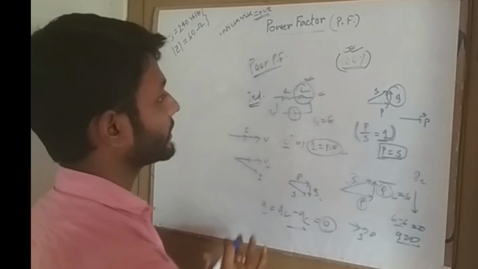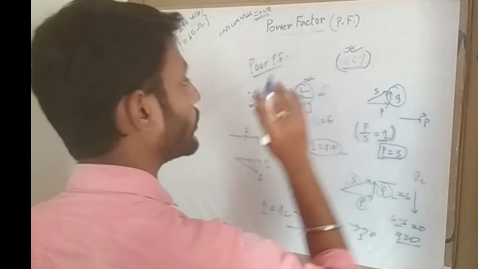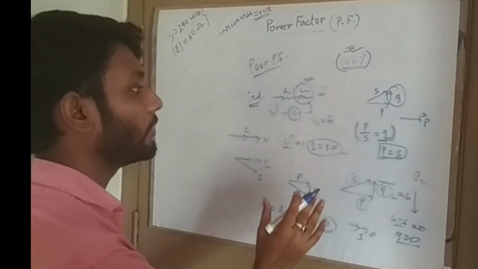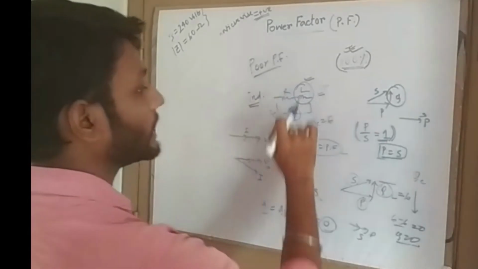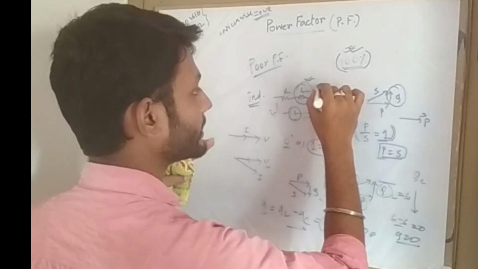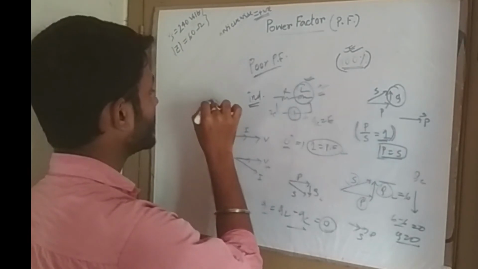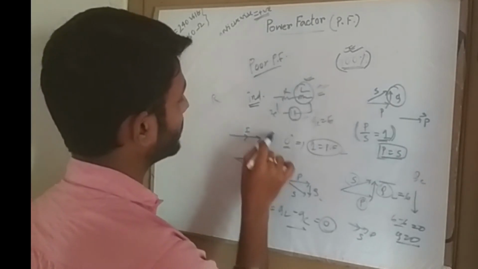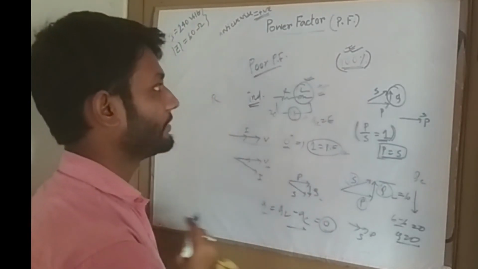Again, I want to say that in general, the load is inductive in nature, so we cannot neglect this inductive part. What we have to do is put a capacitor, so the overall capacitive part will try to neglect this inductive part, so the resultant circuit will be resistive in nature. As the circuit will be resistive in nature, then the voltage and current will be in same phase, then only the power factor value 1 we can achieve.